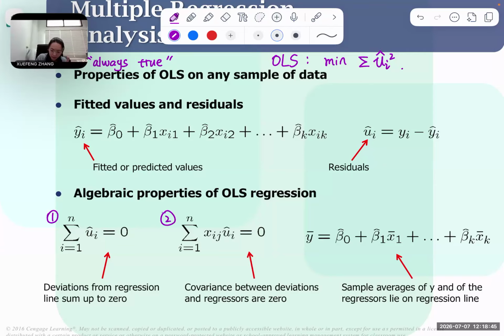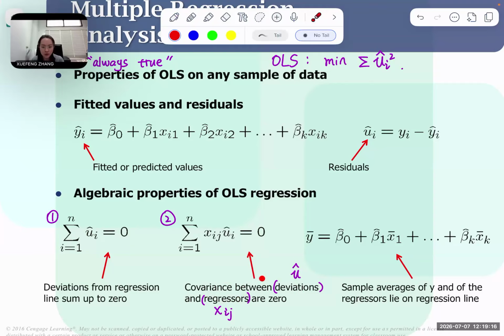The second one, what is this? The summation of x_ij times mu i hat equals 0. It means the covariance between deviations and regressors is 0. Deviation here means mu hat, and regressor means x_ij.